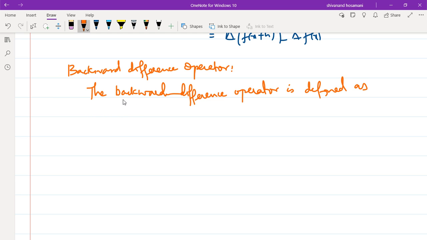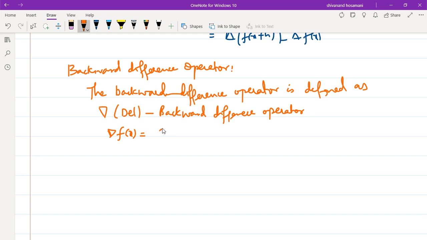So this operator is denoted by the reverse of delta, it is called del. So it is a backward difference operator. We denote the backward difference operator by del. It is defined as del of f of x, which is equal to f of x minus f of x minus h.